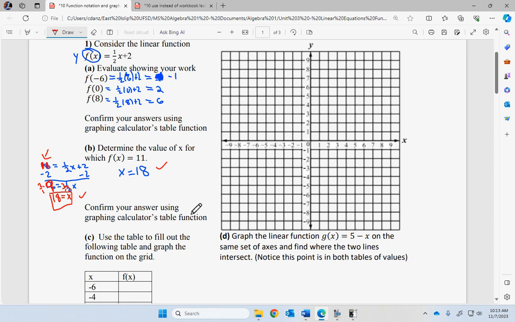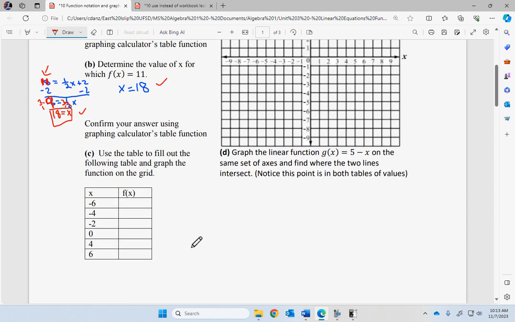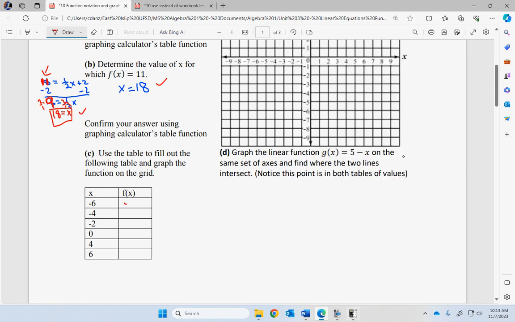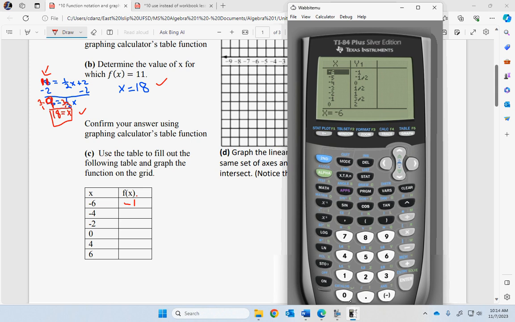Okay. That says confirm your answer using a graphing calculator. We did that first, so that's how come I knew I was wrong to begin with, and I caught my answer. Now it says use the table to fill out the following table and graph the function. So if we open up our graphing calculator again, we will look when x is -6, it's a -1. When x is -4, it's a 0.